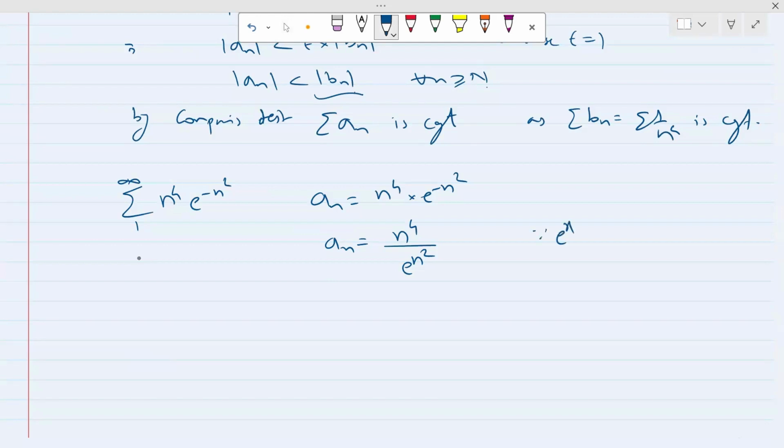Now e raised to x, I know the power series expansion. What is that? 1 plus x upon 1 factorial plus x square by 2 factorial plus and so on. Use this power series expansion.